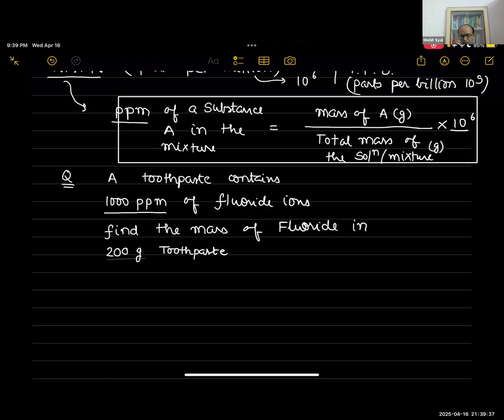Okay. So in place of ppm, you are going to write the ppm value. What am I going to write? 1000 ppm.